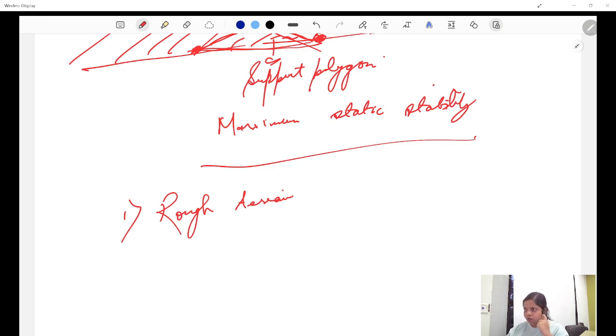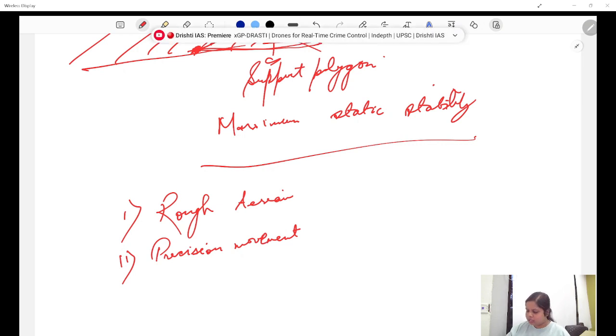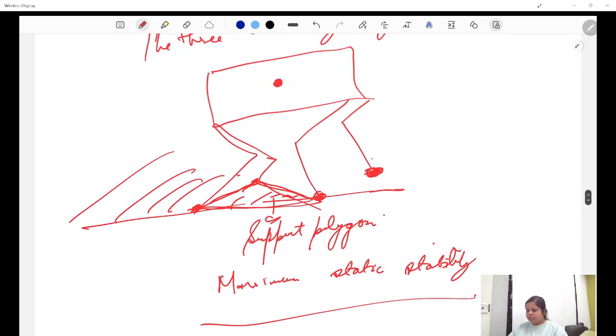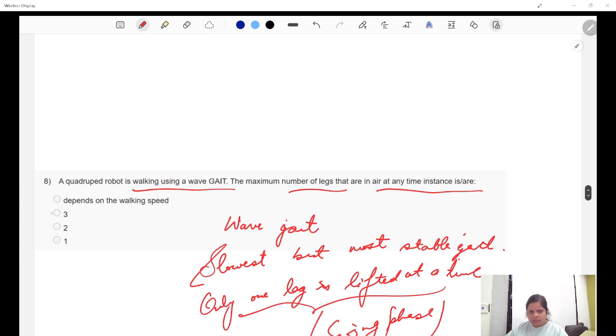And then when you want precision movement, because three legs are on the ground, there would be less chance of uncertainty. And the third thing is, when you want low speed locomotion, then you are bound to use these gaits. So the correct option is 1: at any instant the maximum number of legs that are in the air is 1.